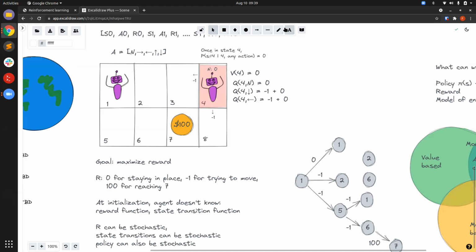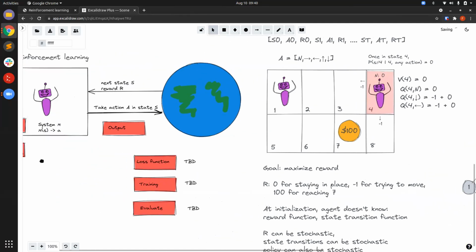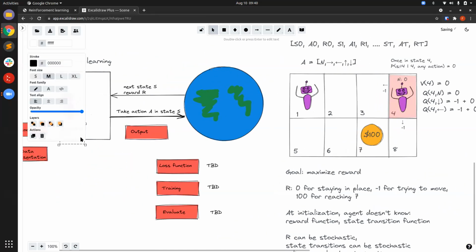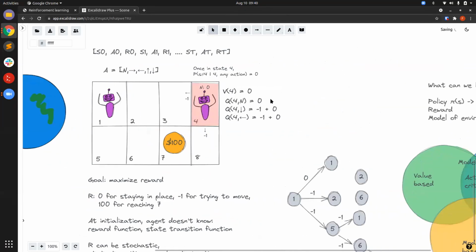Okay, so let's say I have a policy that looks something like this.